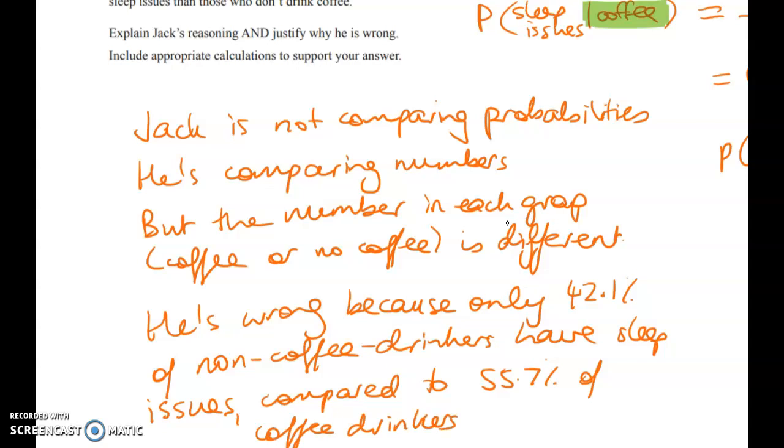So hopefully what you're seeing is that to do well in the standard, you have to be able to interpret information and then explain why someone is right or wrong.